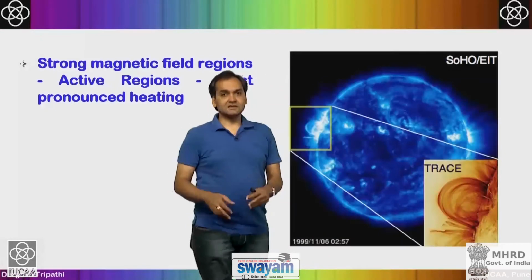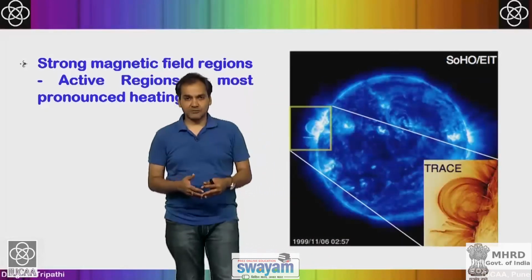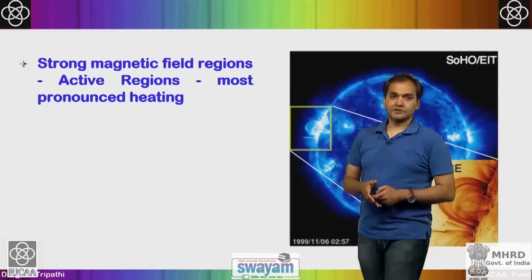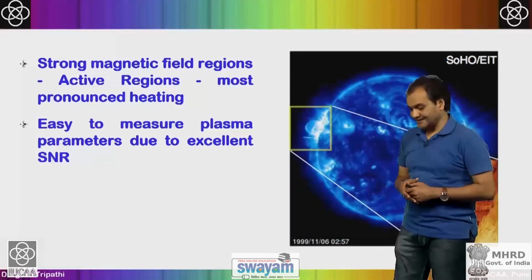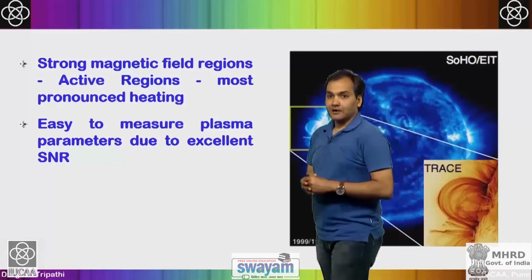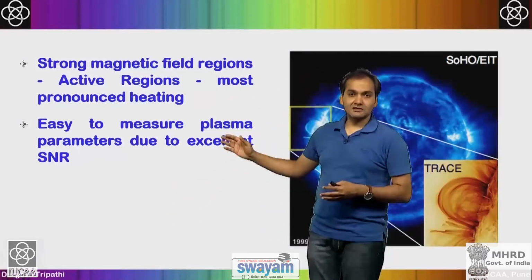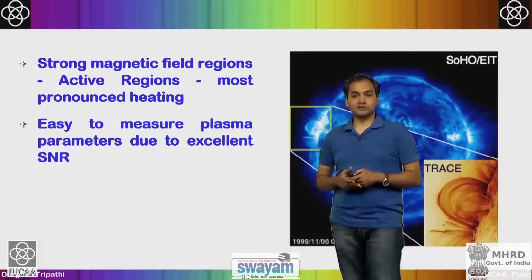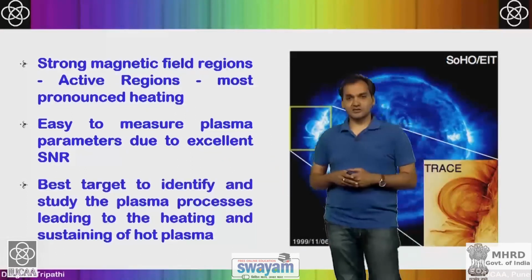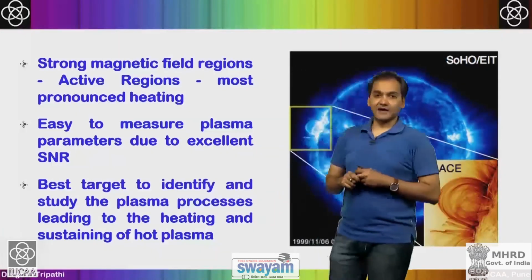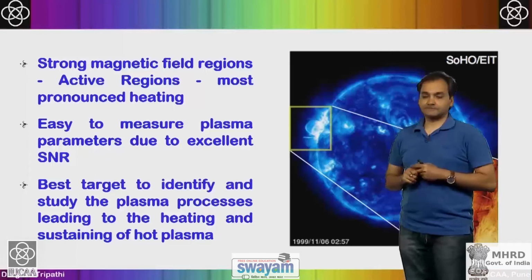That is essentially because there is a strong magnetic field in the active region, and they show the most pronounced heating. In the active regions, because they are brighter, you could measure the plasma parameters due to excellent signal to noise ratios, and they are the best targets to identify and study the plasma processes.